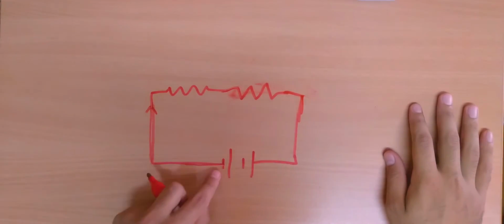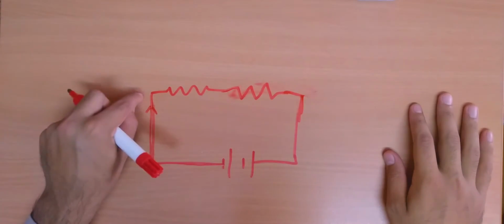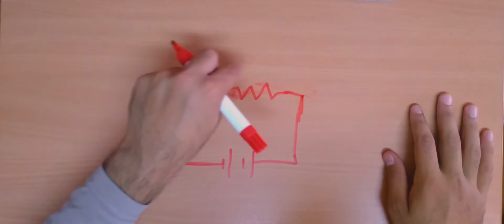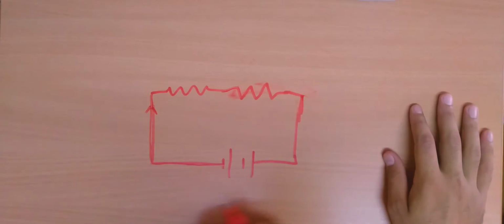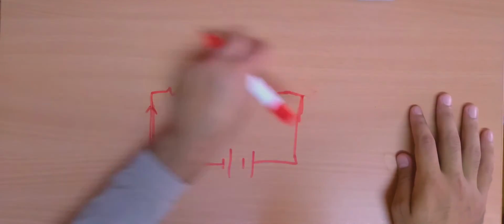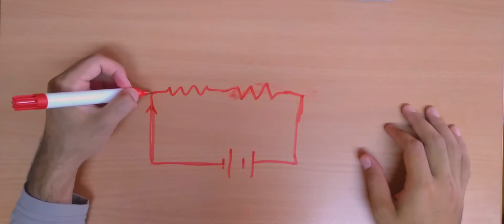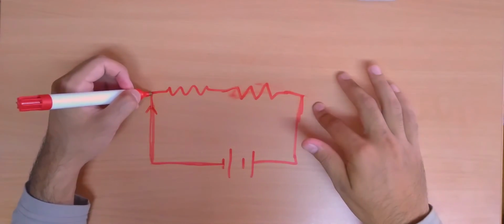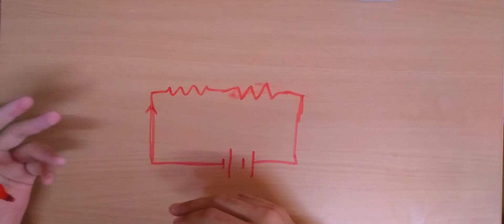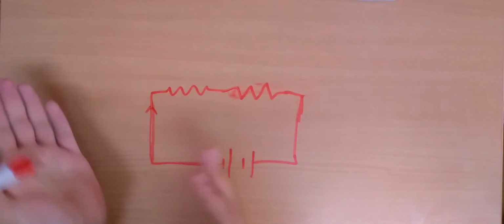Now if I have 5 electrons moving at this point every second, those 5 electrons have to end up at this point and also at this point and also at this point. So at every point in the whole loop, because there's no other path, there's no divergence at any point where the electrons have an option to move either one way or the other.